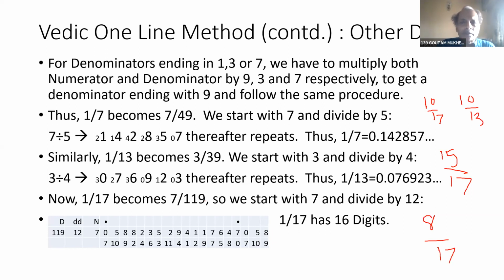So this way, whatever you do, you start. Sometimes it should be different also. It has 16 digits, so it is 1 cycle. In case of 17, it is 16 digits, meaning 1 cycle, and in case of 13, it is 6, meaning 2 cycles. Now, about 39, there is a very interesting thing.